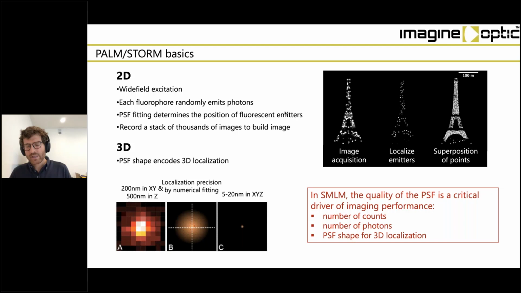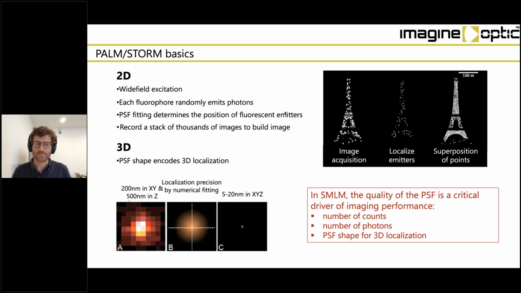But because it's wide field, we only get 2D information, right? I mean, as long as we are in the depth of field of the objective, we will capture all the light from here, and they will all blink randomly, but we will have no information about Z. So to get that information, we need to encode the Z information in the shape of the PSF.